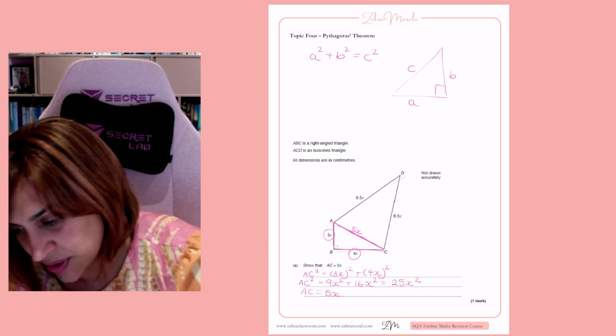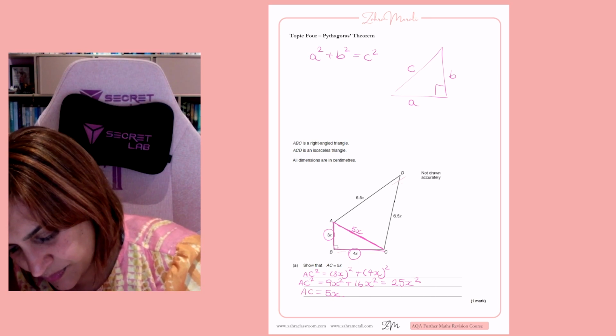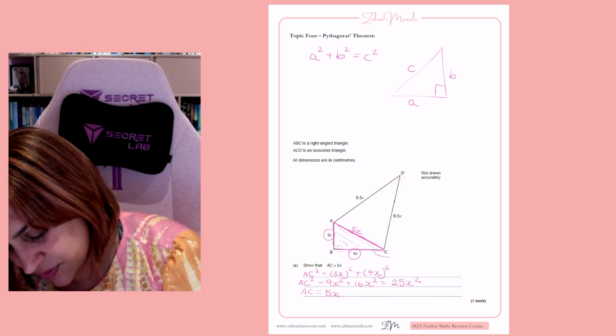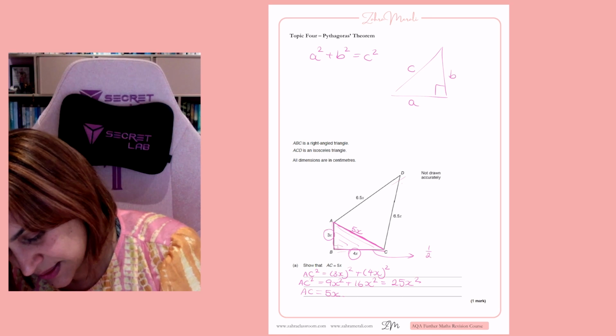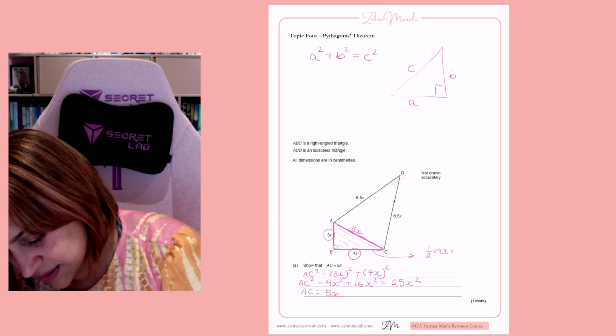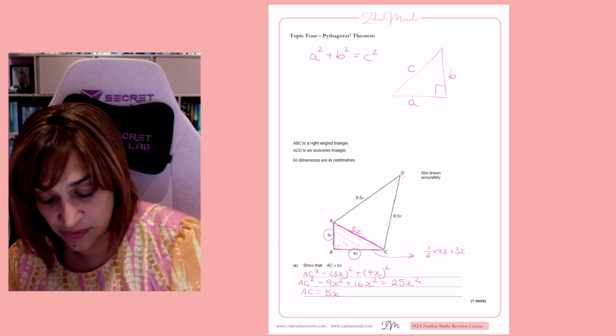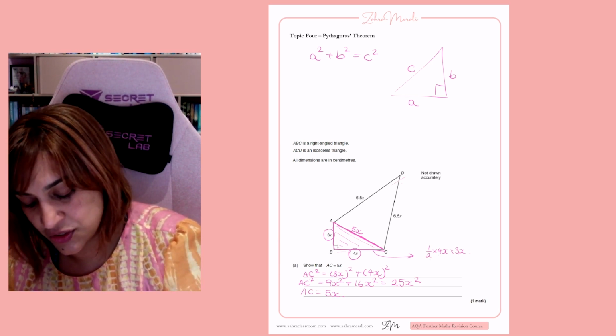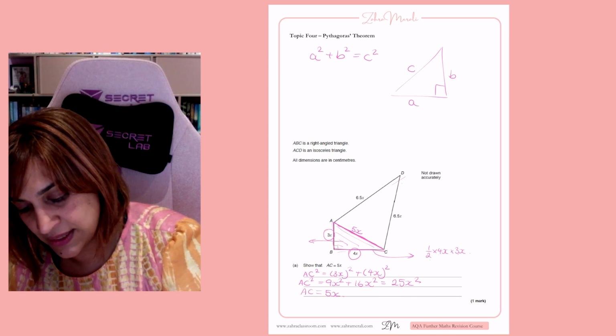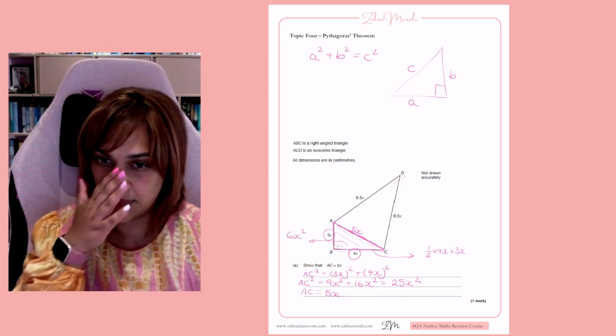We could start with the area of this triangle at the bottom, because it's a right angle, so it's easier. So we've got half the base times the height. So we're going to get 4 times 3, which is 12, divided by 2, which is 6. So the smaller triangle at the bottom is going to be 6x squared.